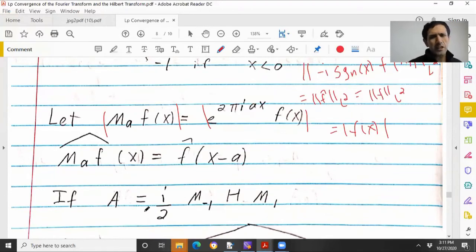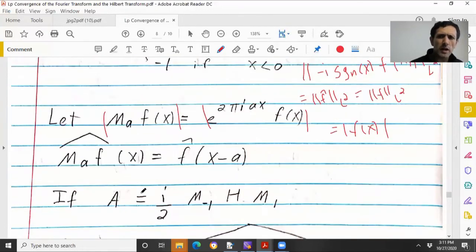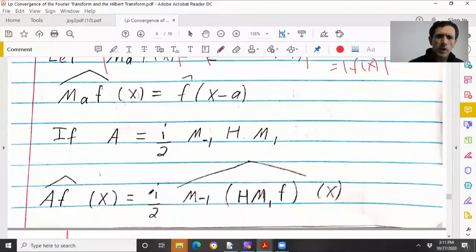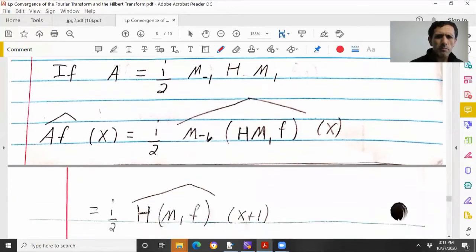All right, so let's take A, apply it to f. Right, and let's unravel things here. Okay, so take the Fourier transform here.